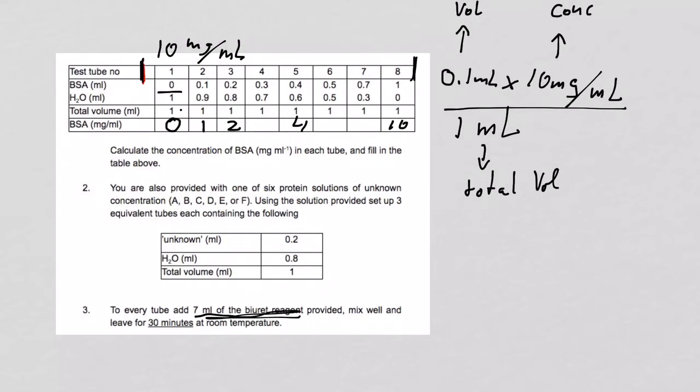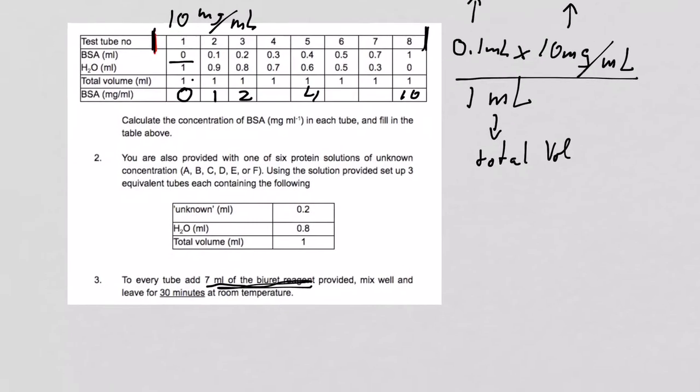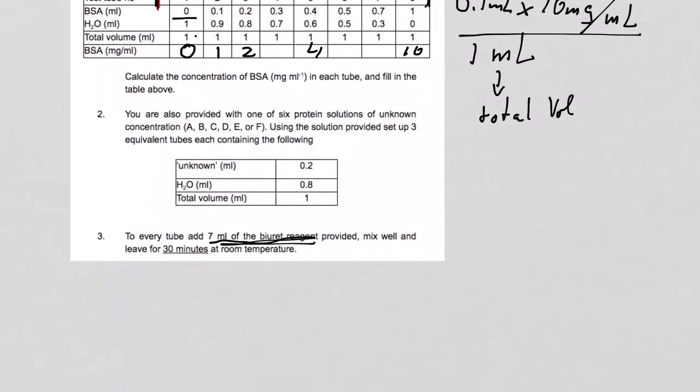You label them 1 to 8 and you put them in the order of purplishness. What does that mean? So, in the first tube, there is no BSA. So the solution will be more or less, let me see if I can get a nice color.